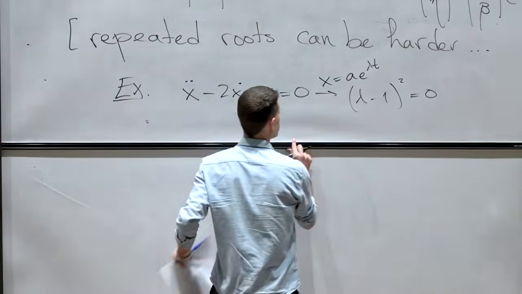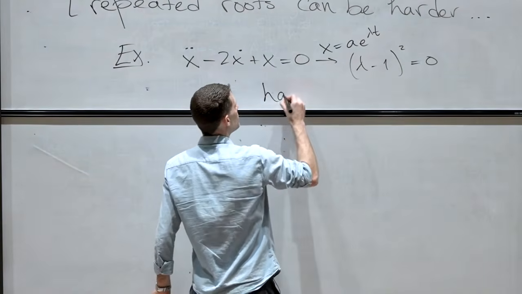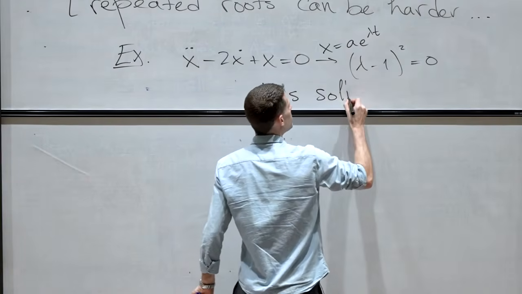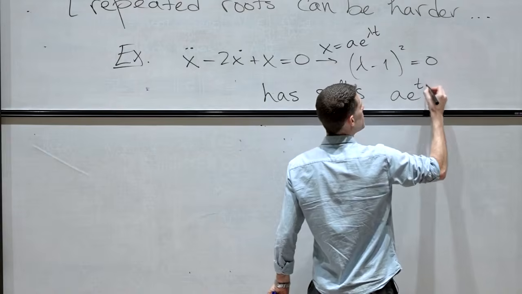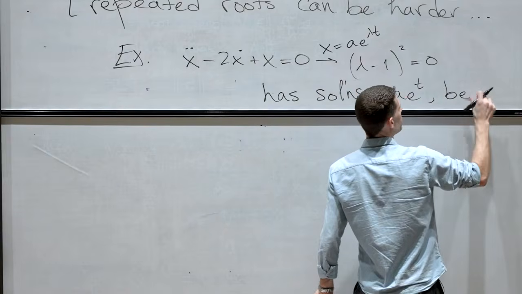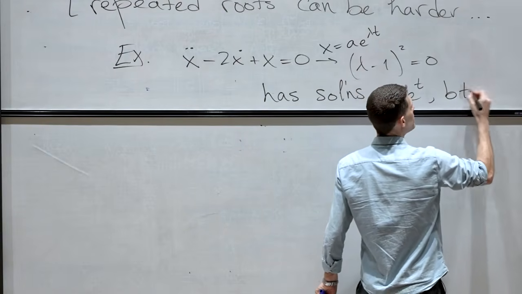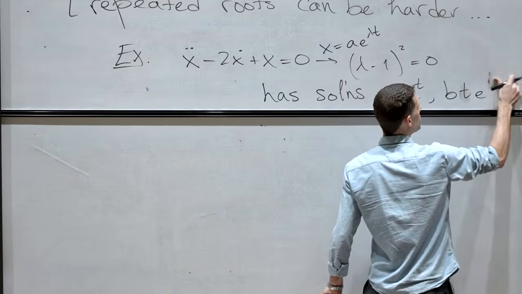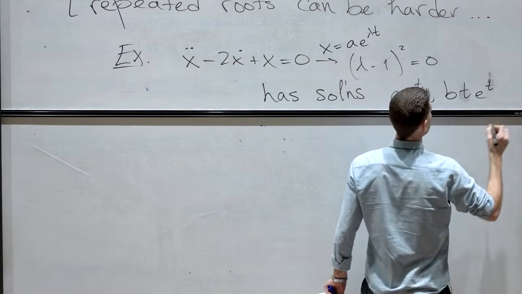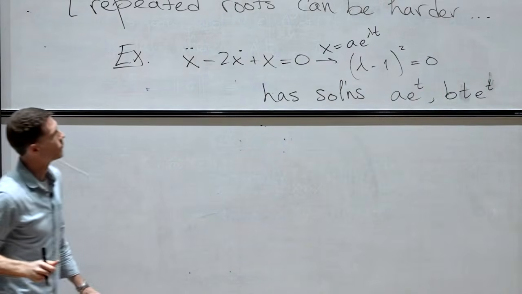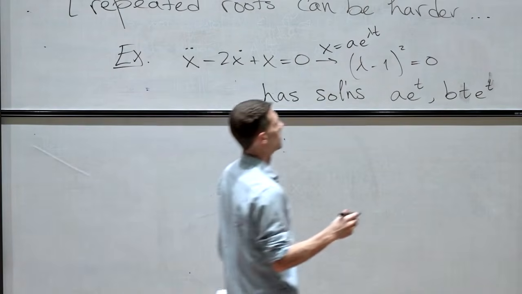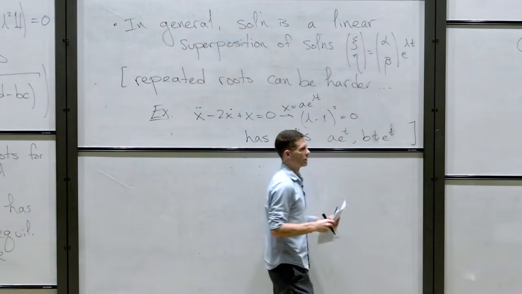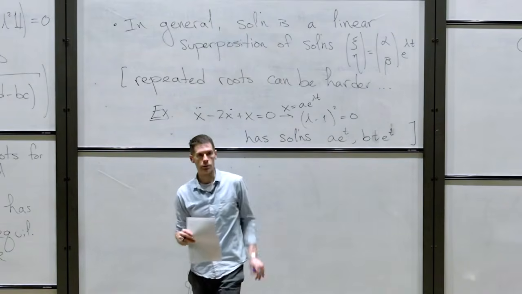So the two solutions are a e to the t and b t e to the t. I won't say really more about that. I think we won't worry about that case.